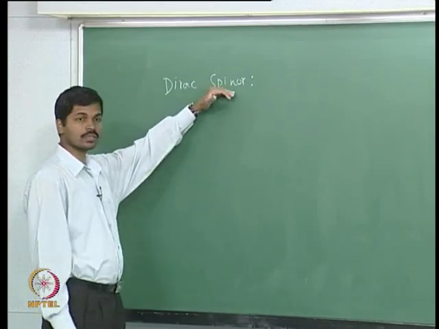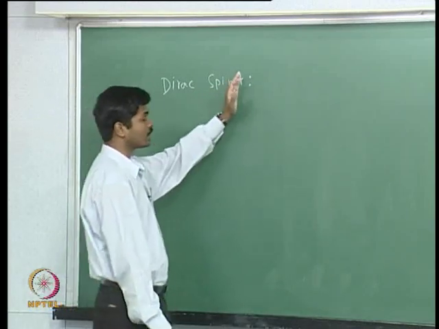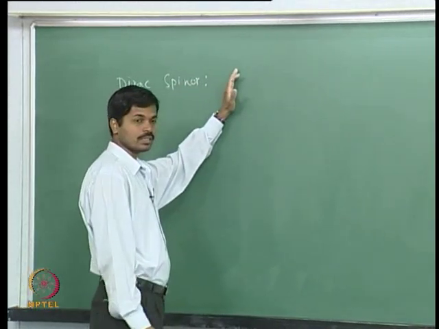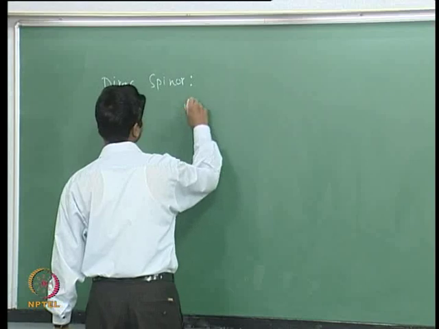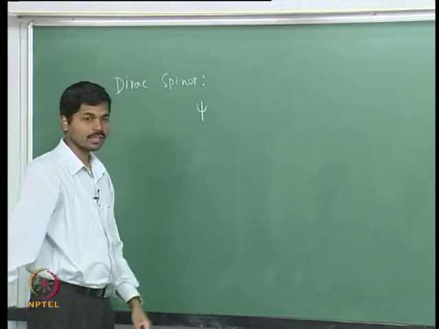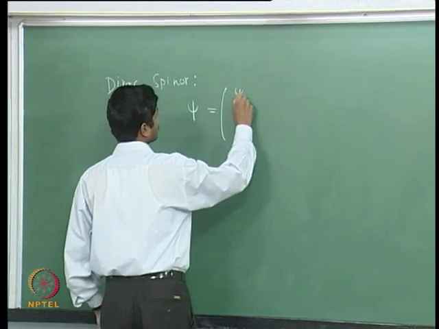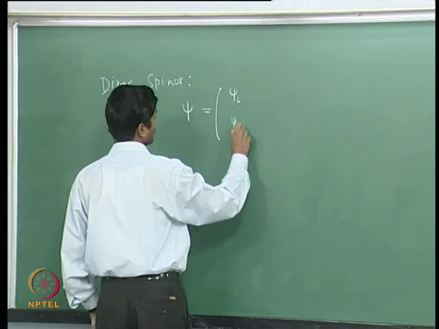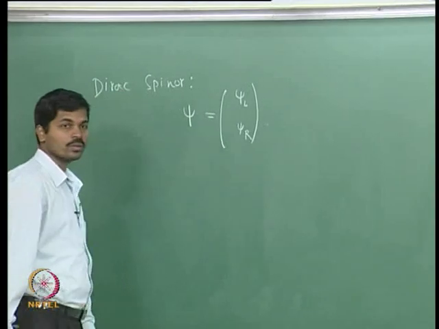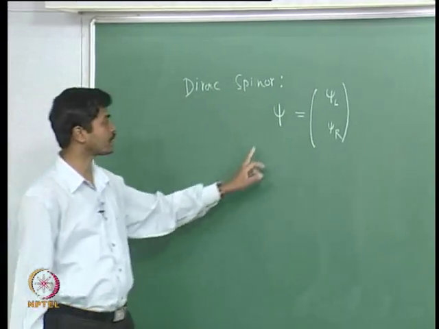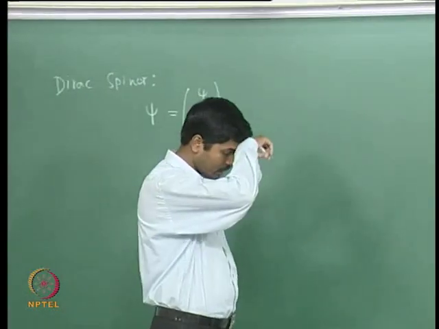It is a reducible representation, and the Dirac spinor I will call psi. A 4 component Dirac spinor is just psi_L and psi_R. 2 copies of the Weyl spinor is just one Dirac spinor.